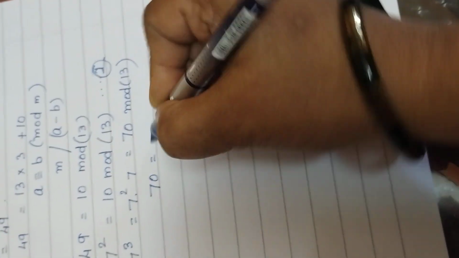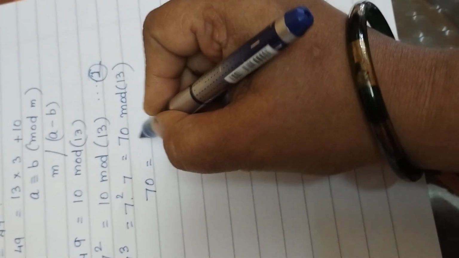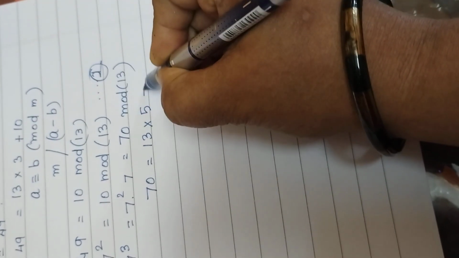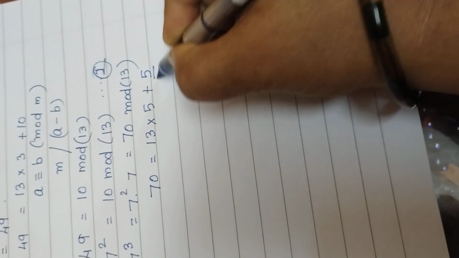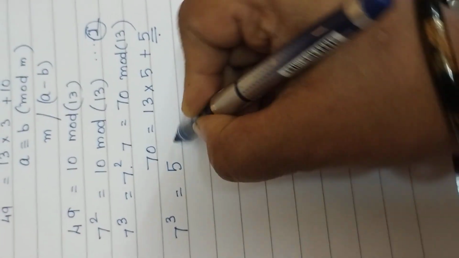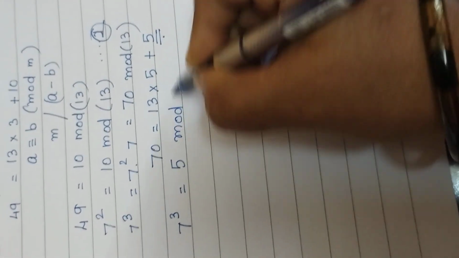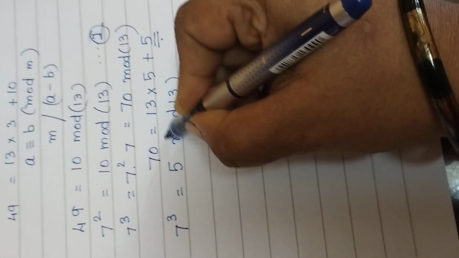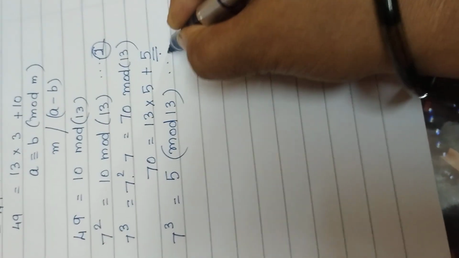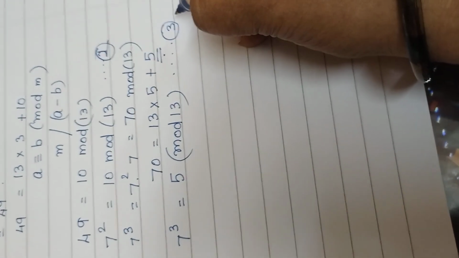I will split 70 in the formula of quotient into divisor plus remainder, which is 13 into 5 plus 5. So here I am getting a remainder of 5, which I will take into the modulo formula, which will be 5 mod 13. So this takes me to the third equation.